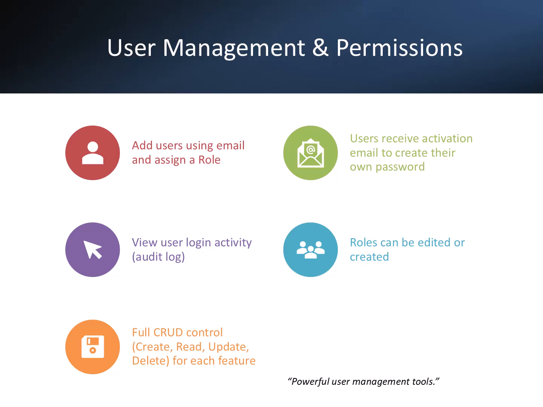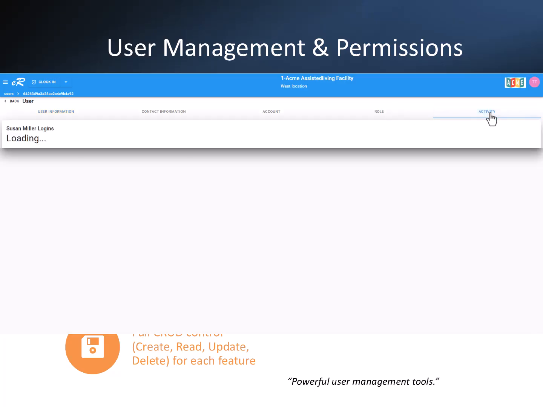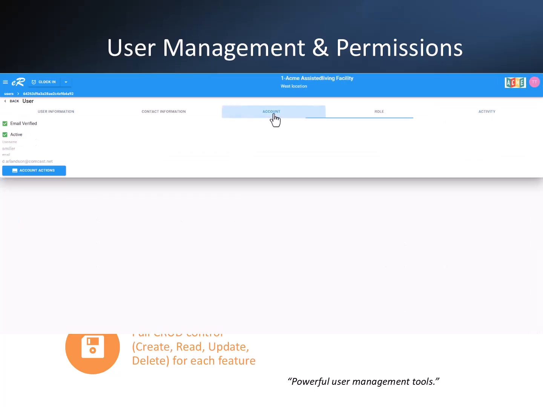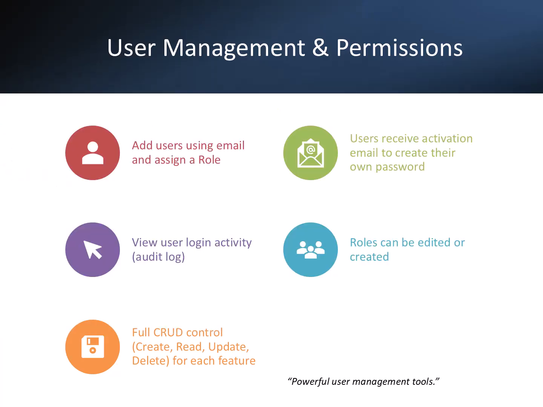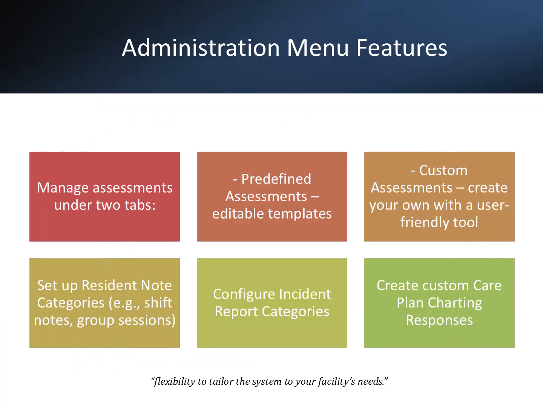You can now view user login activity, which helps with accountability and compliance. The biggest improvement? You can fully manage user permission. Each role has access to a list of CRUD-level permissions, meaning you can allow create, read, update, or delete access to each of the features in the system.